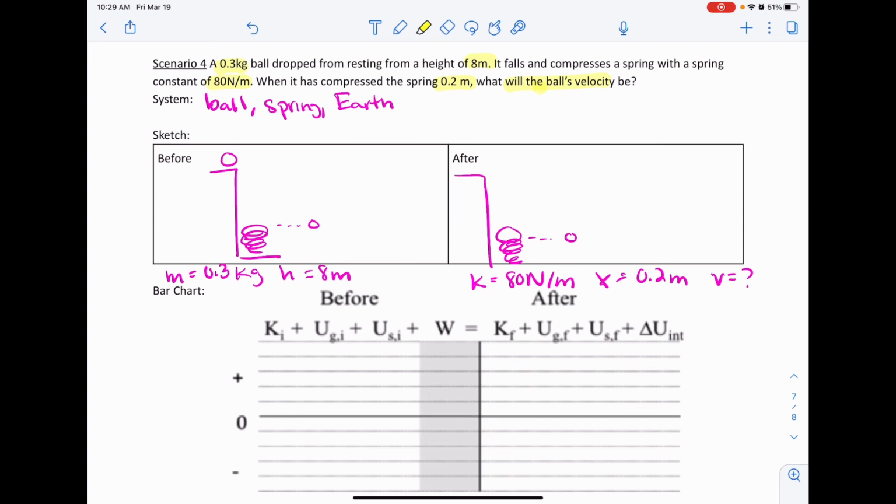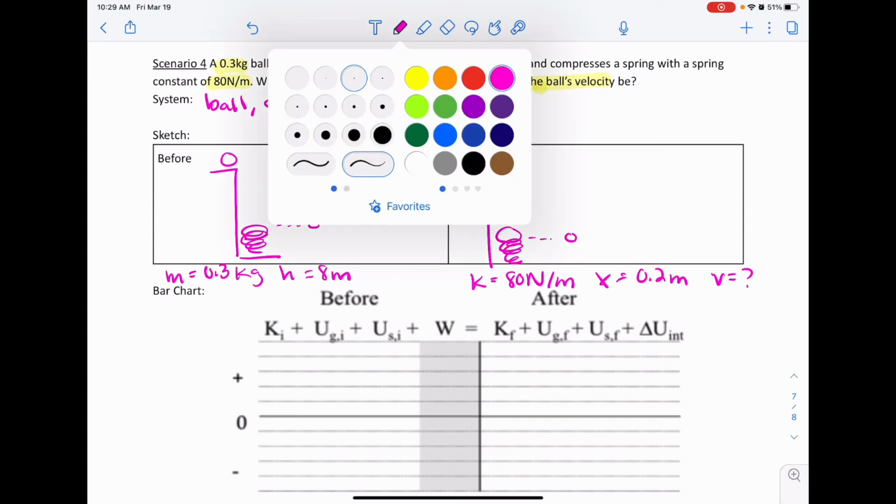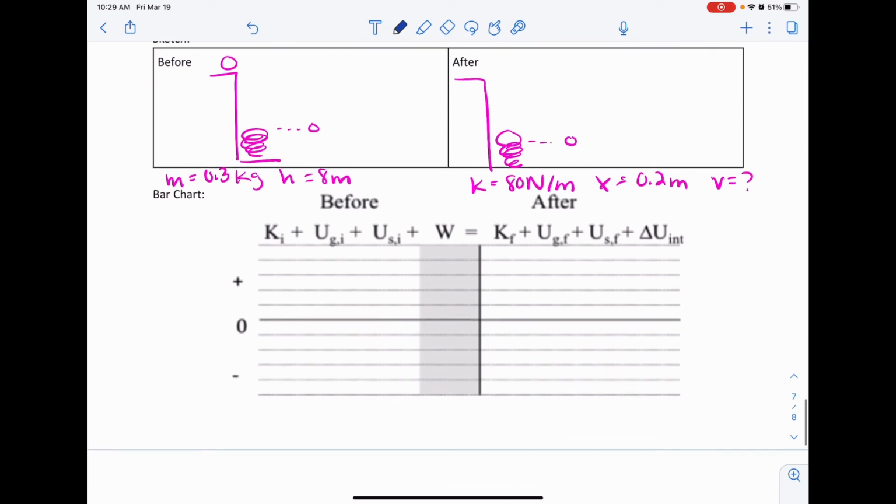All right, let's take a look at our bar chart now. Originally, it is not moving, it's at rest, so it has no kinetic energy. It is above our 0 point, so it must have some gravitational potential energy. At this point, it has not yet compressed the spring.